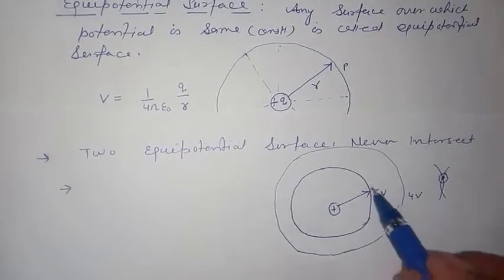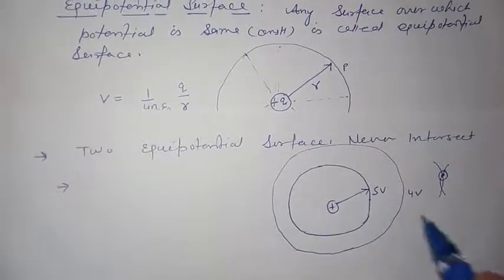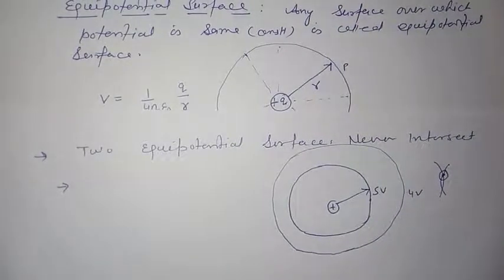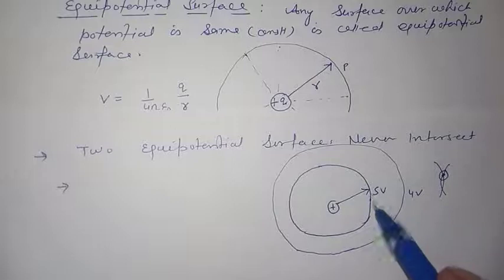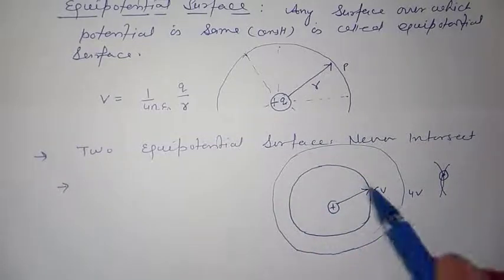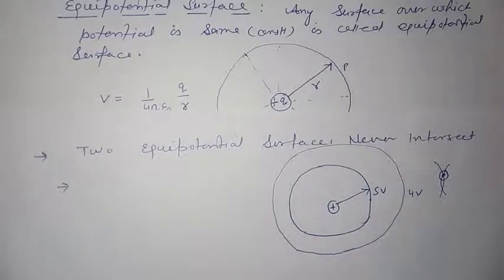Now you know, an equipotential surface is a surface where potential is constant. It cannot have two values, right? So it means equipotential surfaces never intersect.